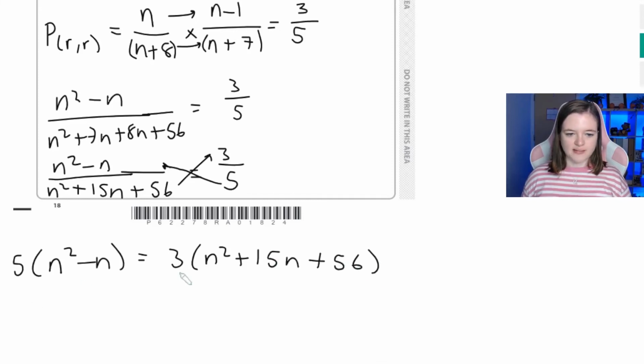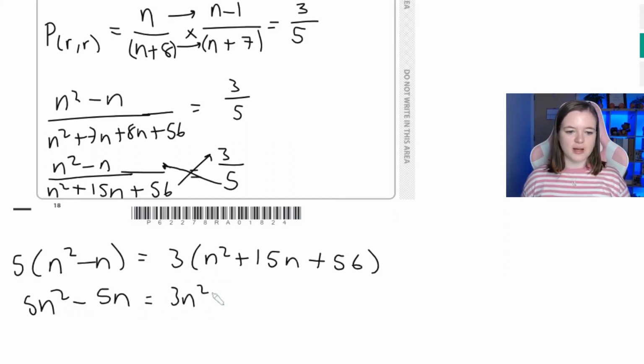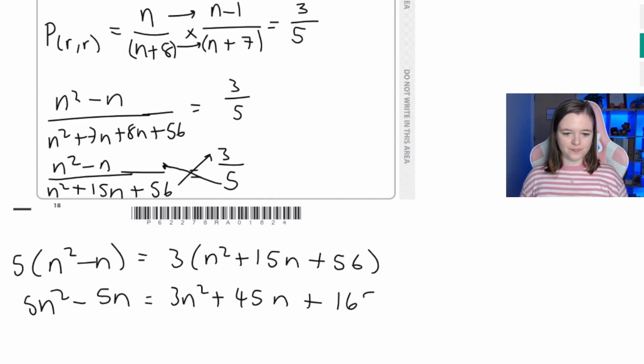Okay, let's times all these out. 5 times n squared, that's 5n squared, minus 5 times n, minus 5n, equals 3n squared plus 45n plus 56 times 3, 168.